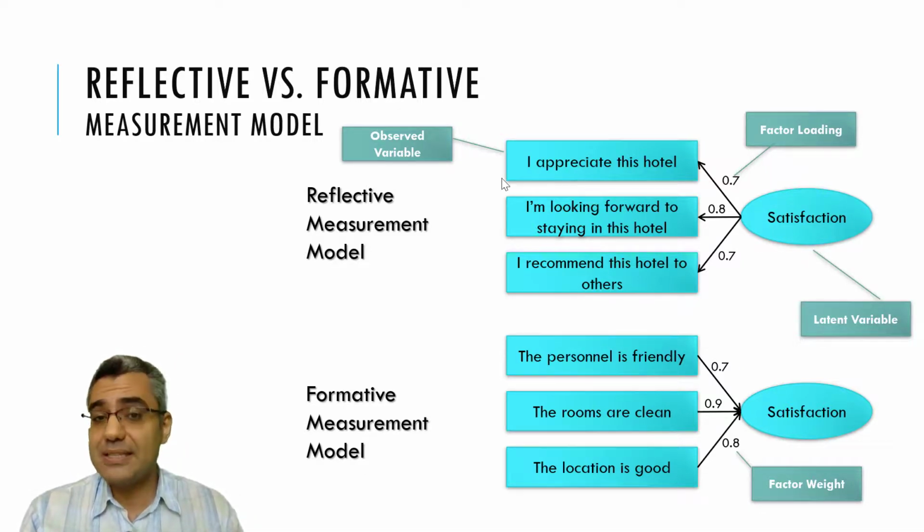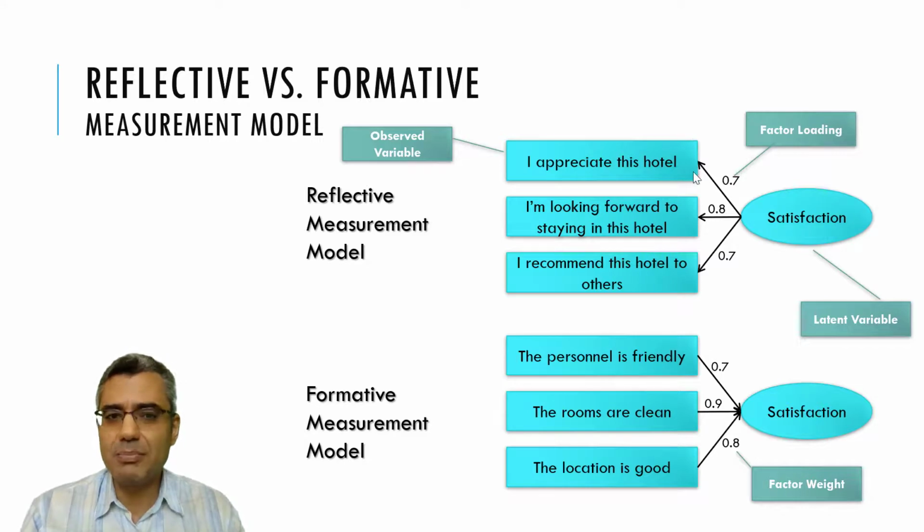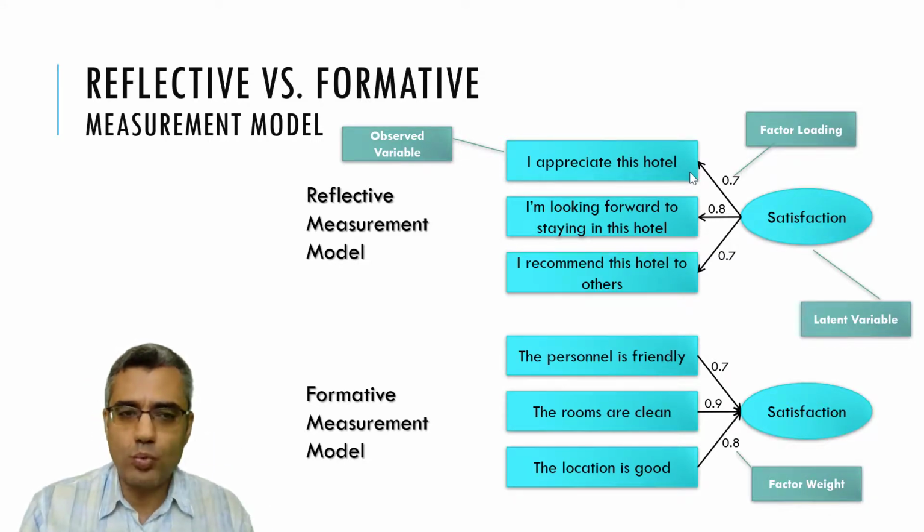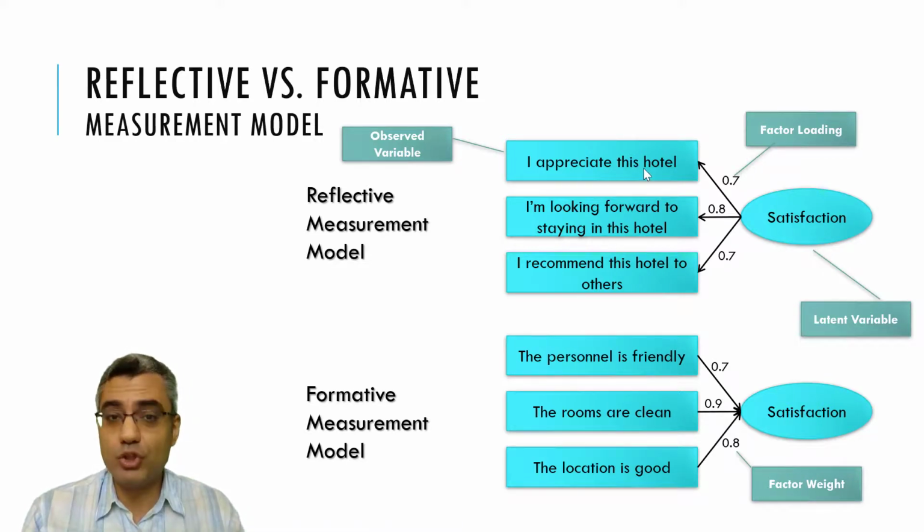And if they are items or observed variables, meaning things that you can measure with one question, or one instrument, then use a box or a square. And here you can see we have 3 observed variables and 1 latent variable. And this latent variable or construct is measured using these 3 items.